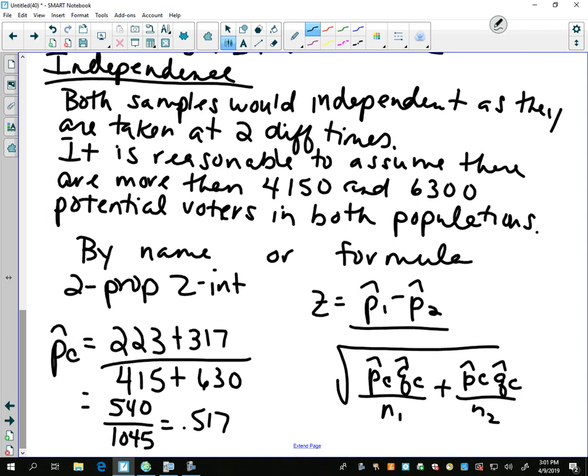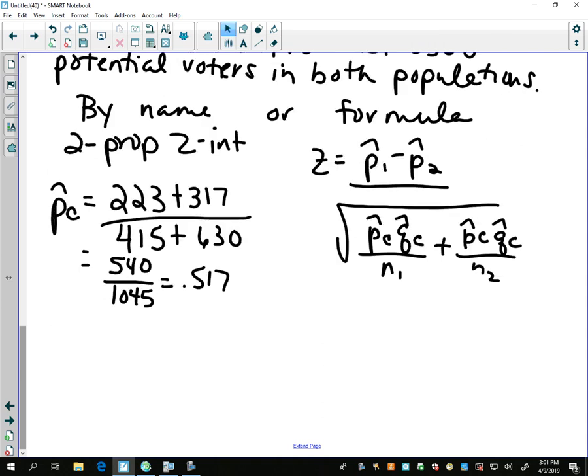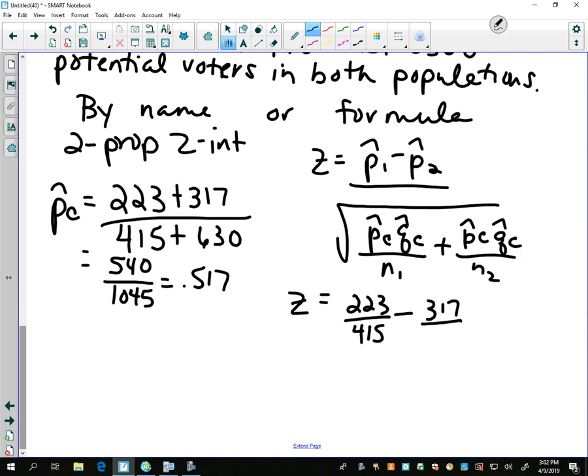Okay, so if you plug in the formula, this would be z equals 223 over 415 minus 317 over 630. And now, again, this is the p hat combined.